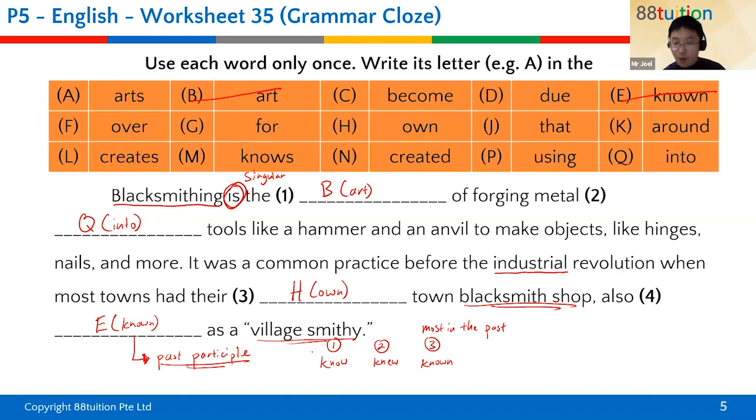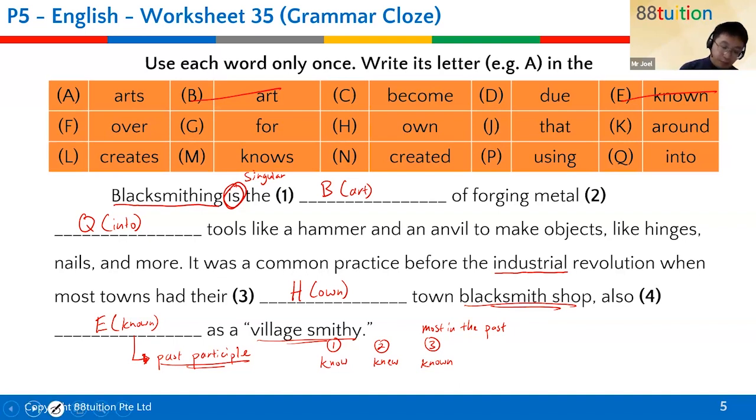And there we go. We have the answers for questions 1, 2, 3, and 4, B, Q, H, and E. All right. I see that for question 1, most of you got it correct, so I'm not going to cover that too much. But for question 2, a lot of you actually put Q and you got it wrong. Now that's a mistake in the system, right? The system actually listed P, right? Oh, sorry.